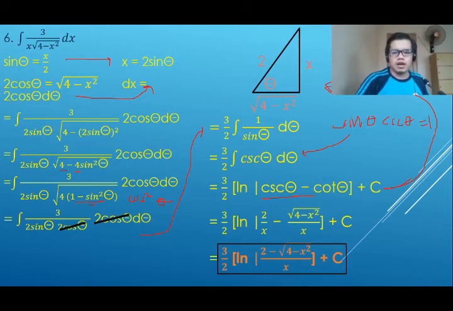I've placed x at the opposite, 2 at the hypotenuse, and the square root of 4 minus x squared at the adjacent. Why is this? At the first glance of problem number 6, we assigned that sine theta equals x over 2.